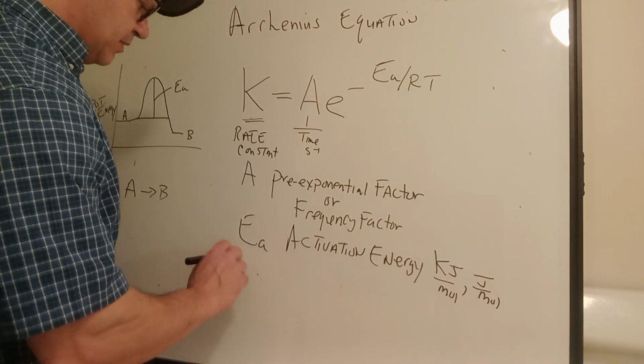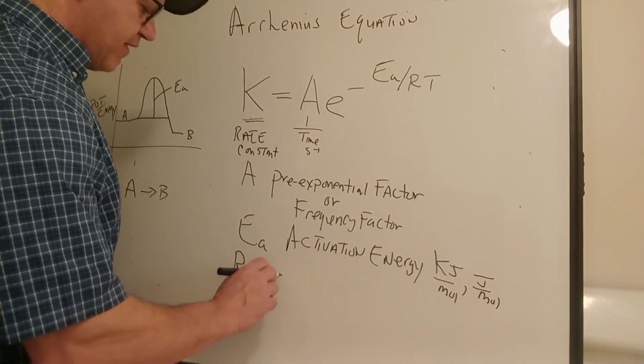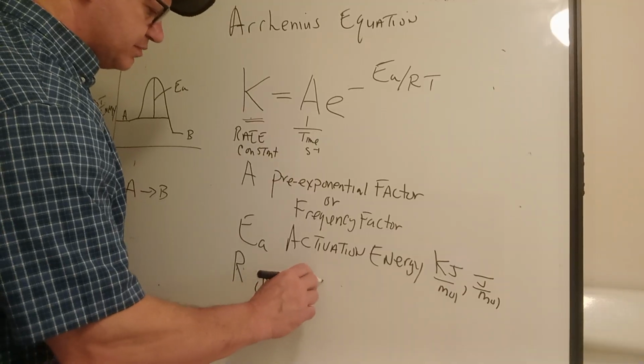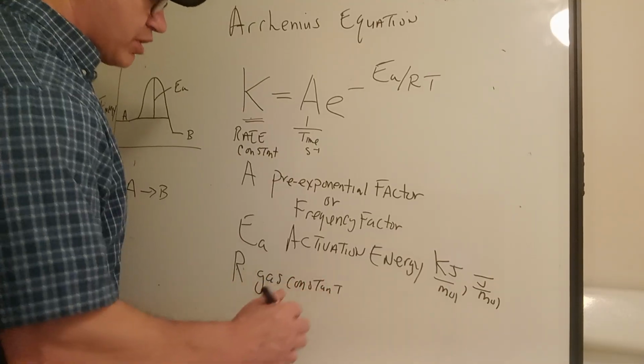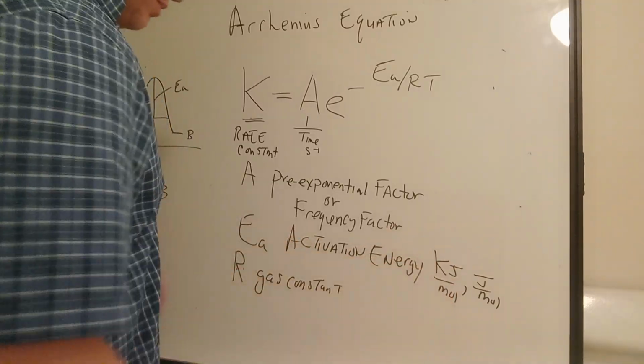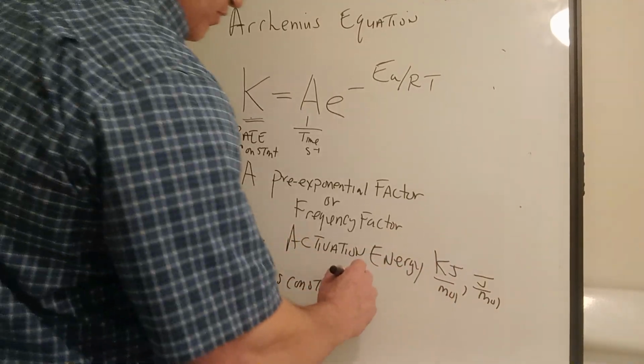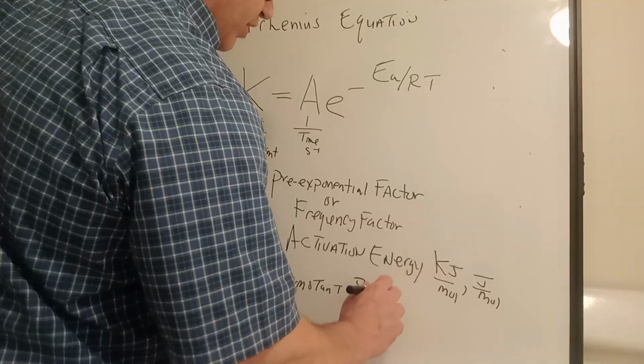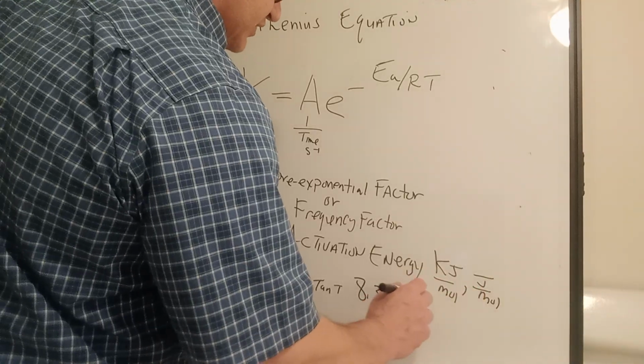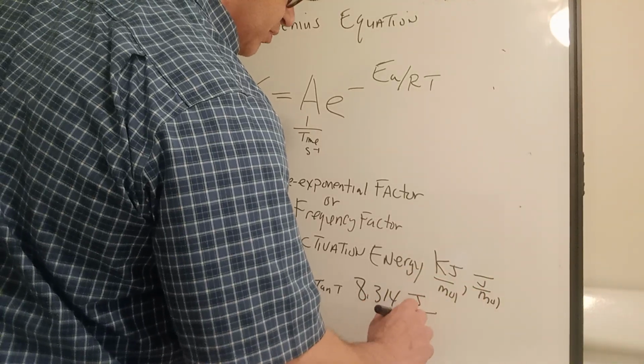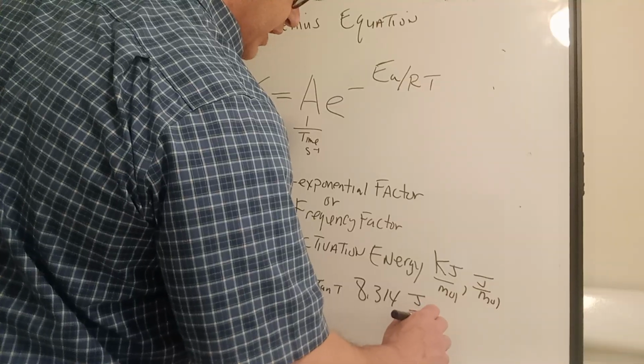R is the gas constant. And if we're working in the scaling of joules and moles, I would use the form of 8.314. You can look up more sig figs if you want. Joules per mole times Kelvin.